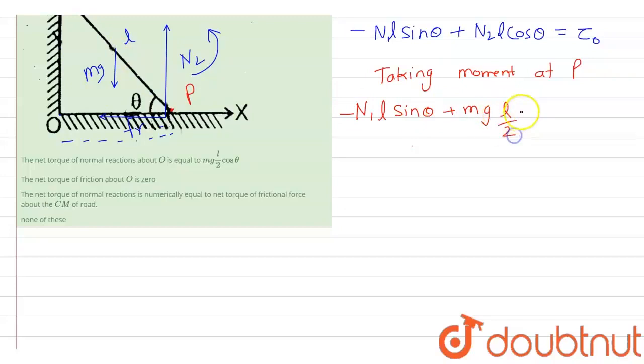So mg L by 2 cos theta minus N1 L sin theta will be equal to 0. From here N1 L sin theta will be equal to mg L by 2 cos theta.